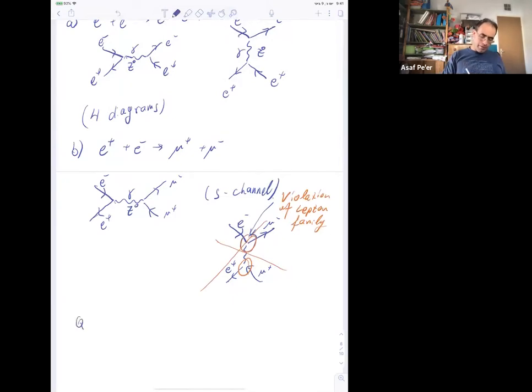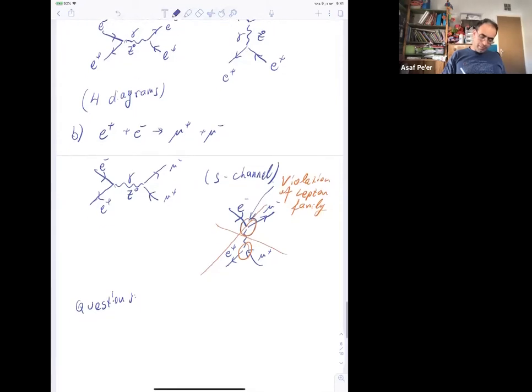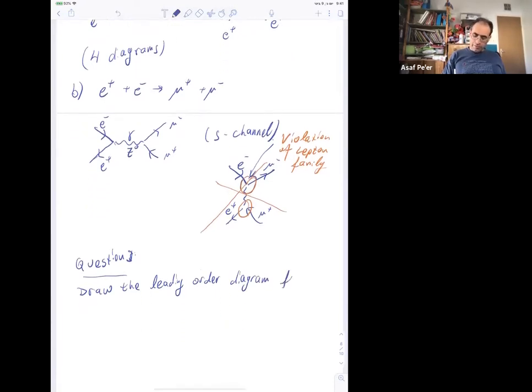So let's give a third example. Question 3: draw the leading order diagram for the process kaon decays into a neutral pion plus an electron plus an anti-electron neutrino.